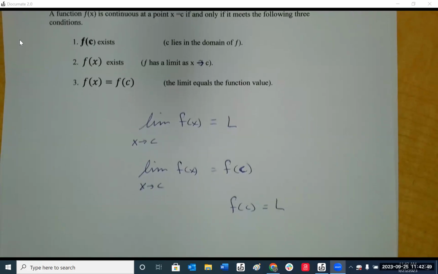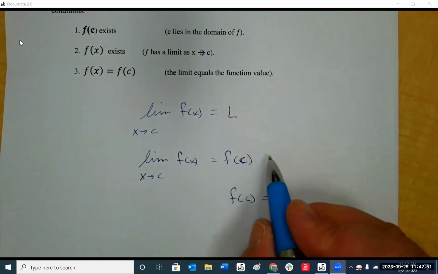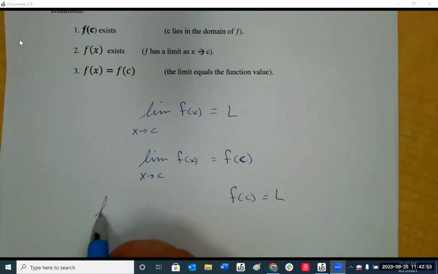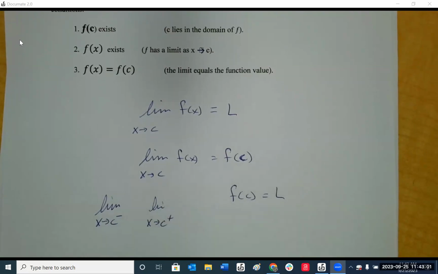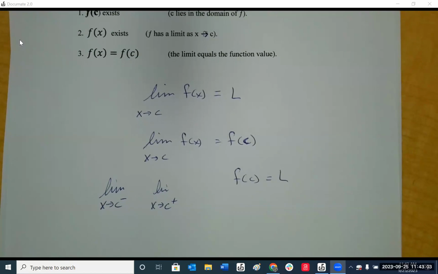That'd be the same. Now, what this means is we have to be able to go from the left and we have to go from the right.